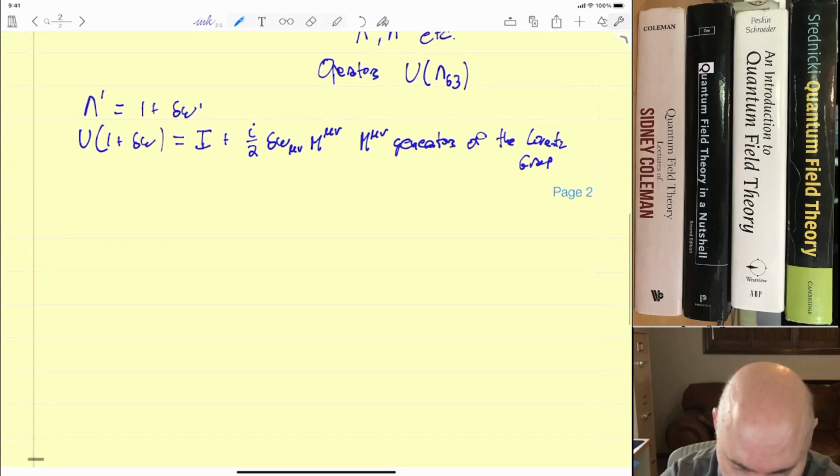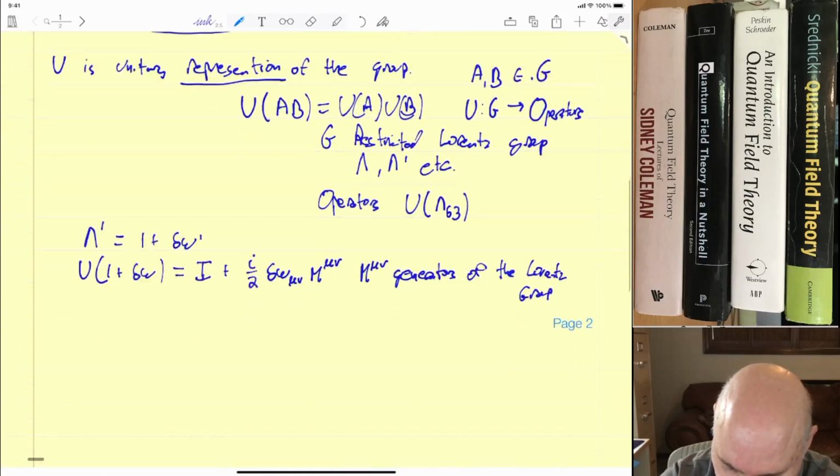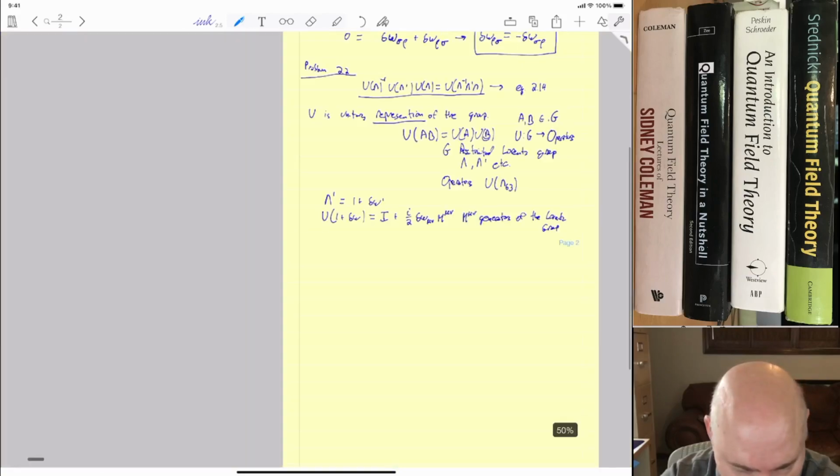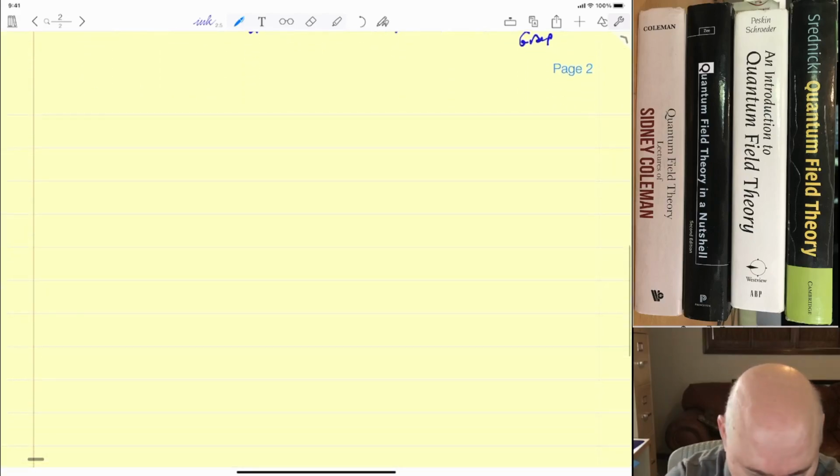Okay, so now let's substitute into our formula here. We're going to substitute in just the Lorentz transformations with the parameters and just multiply everything out, and that's all that's involved. So let's do that.